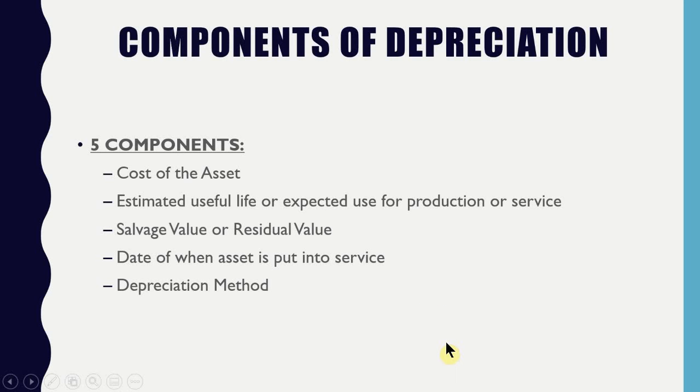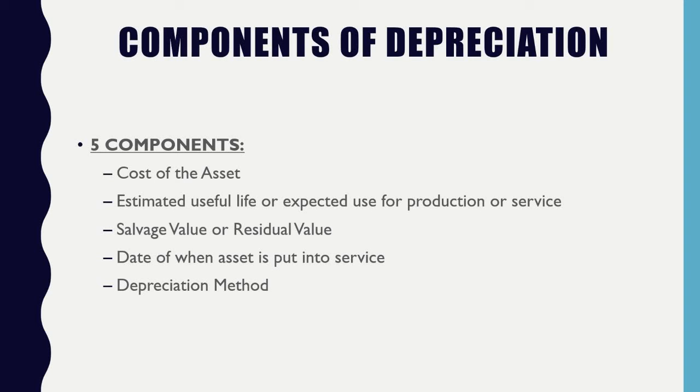All right, as we've mentioned before, the 5 components that make up depreciation are going to be the cost of the asset, your estimated useful life slash number of units produced, and salvage value slash residual value.